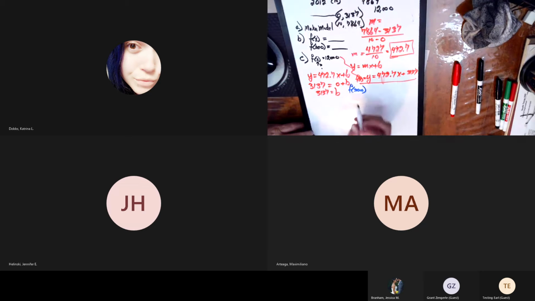So I don't want f of 2010, I want f of 8. This is the year 2010. 2010 is actually equal to 8 on our model. Okay, so f of 8 equals what? Equals 472.7x.